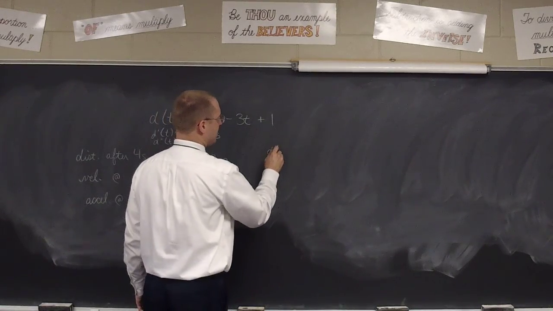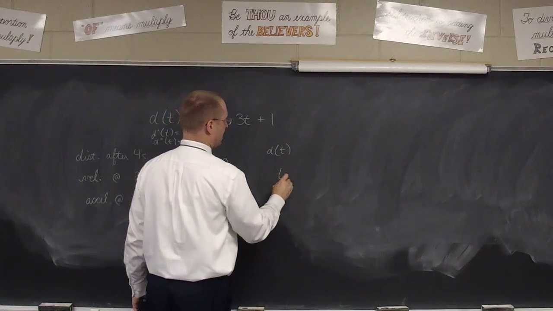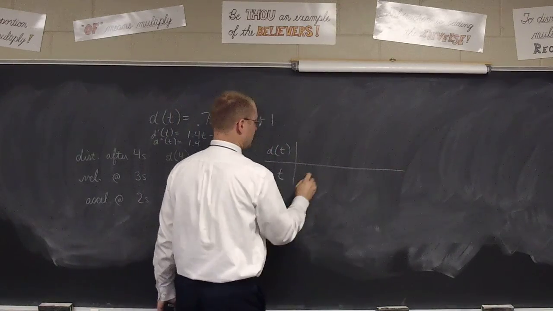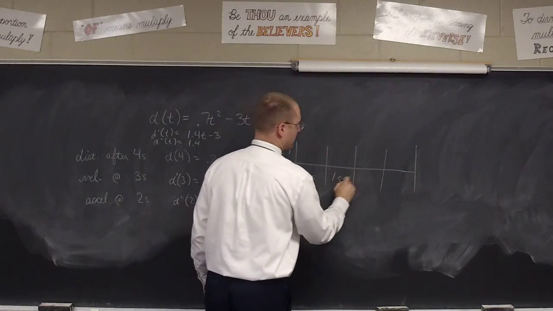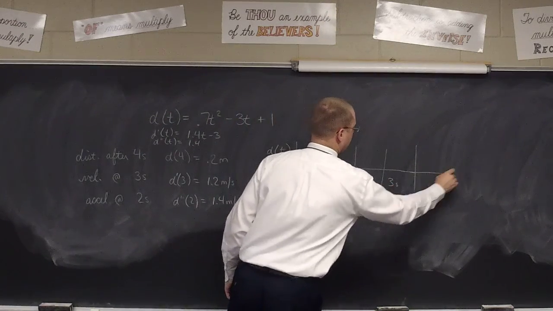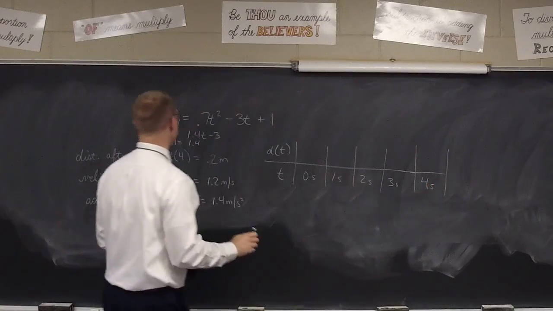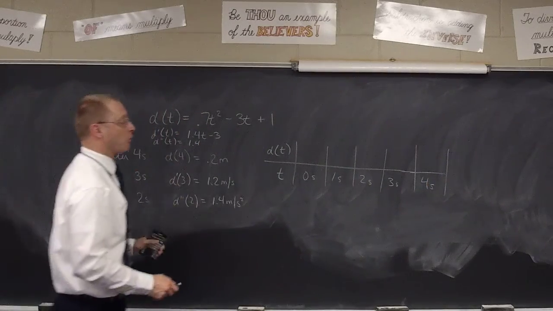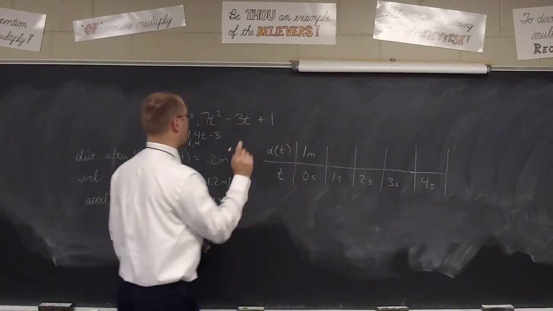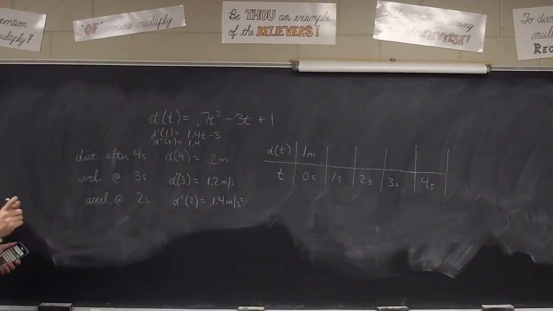Let's find d of t and t here. And let's kind of map it out over the first 4 seconds, because I'm really curious. No seconds, 1 second, 2 seconds, 3 seconds, 4 seconds. With no time elapsed, where's the object? It's already at a 1 meter head start. At 1 second, ooh, that's why. At 1 second, how far has it gone?